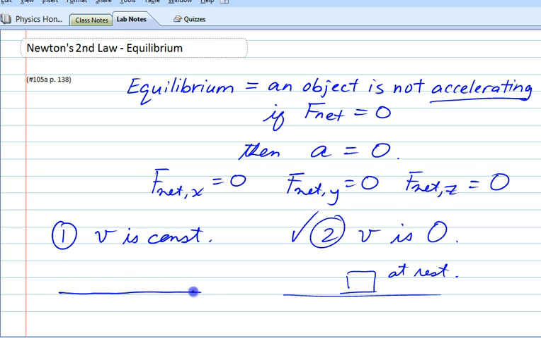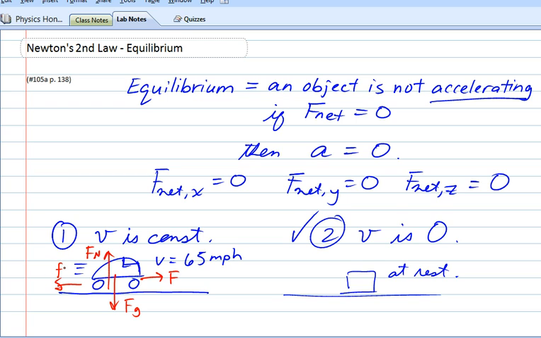For example, if you have a car which is moving down the highway, it's got cruise control, it's got a speed of, let's say, 65 miles per hour, and can you say that there's no forces acting on the car? Well, as a matter of fact, there's lots of forces. There's a force of gravity, there's going to be a normal force, there's going to be some sort of push from the wheels, some sort of driving force, and there's going to be friction between the tires and the road.